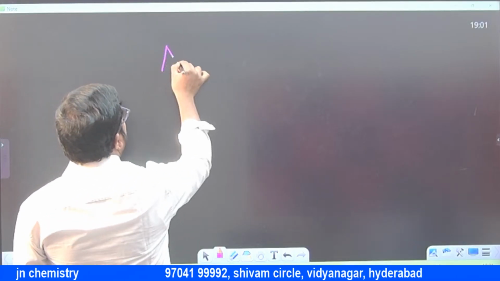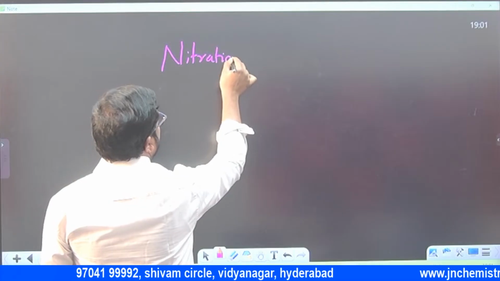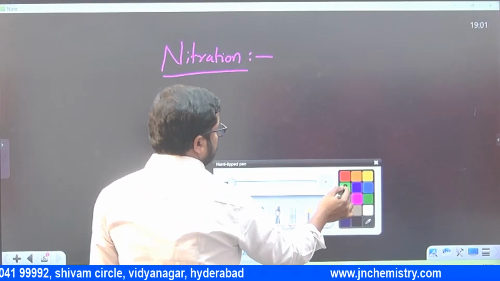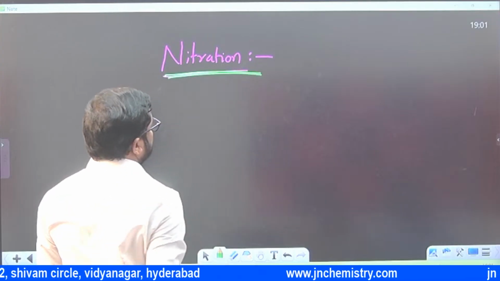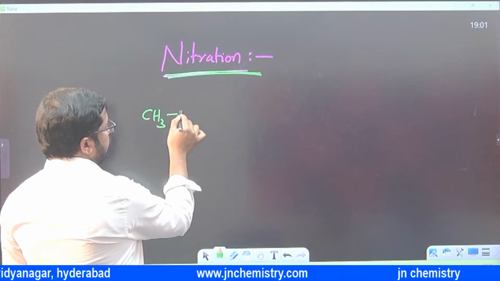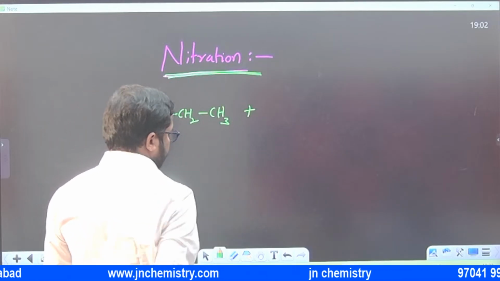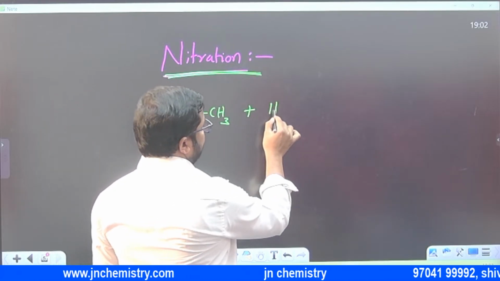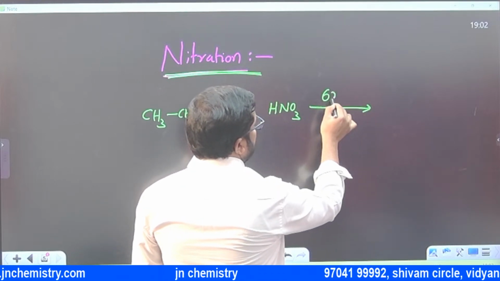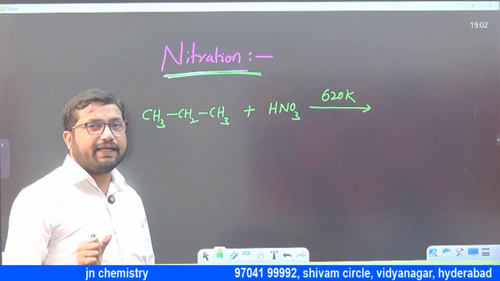Next, put the heading nitration. Nitration. For example, if you are taking propane, CH3CH2CH3, in the presence of HNO3 at 620 Kelvin, we will get a mixture of products.